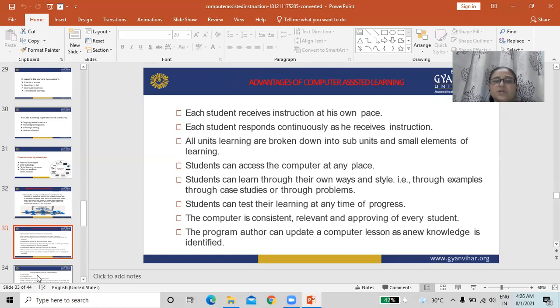All units of learning are broken down into subunits and small elements of learning. Students can access the computer at any place.